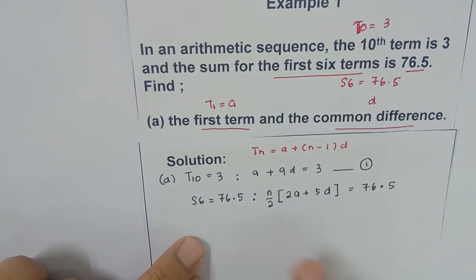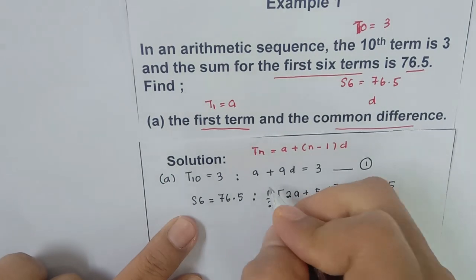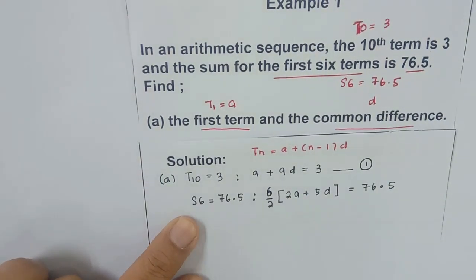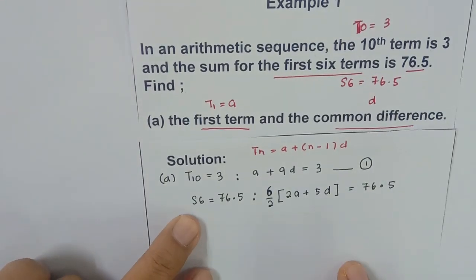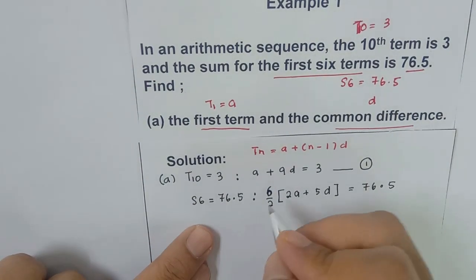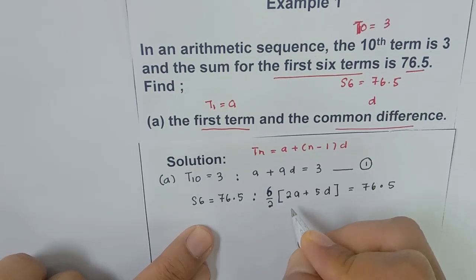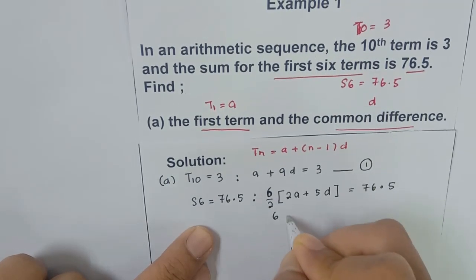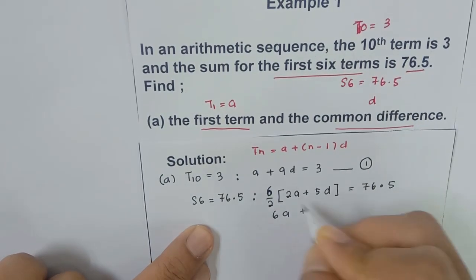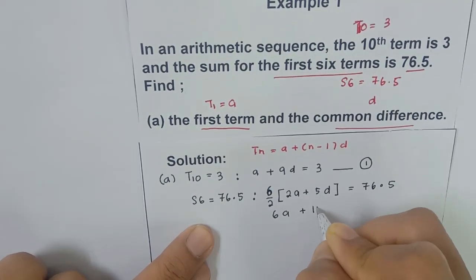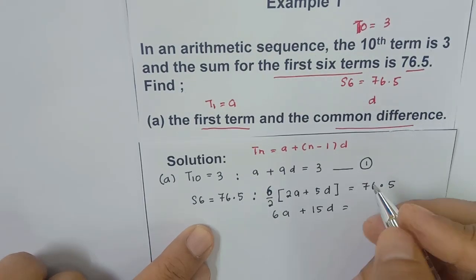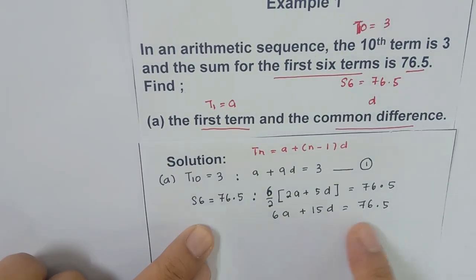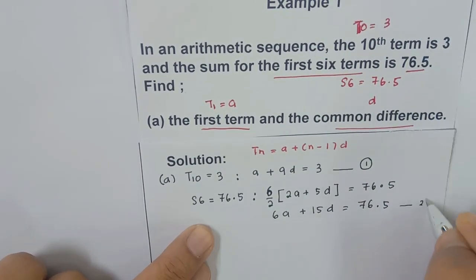So 6 over 2, then we simplify the equation: 6 over 2 is 3, so 6a plus 15d equal to 76.5. We let this be the second equation.